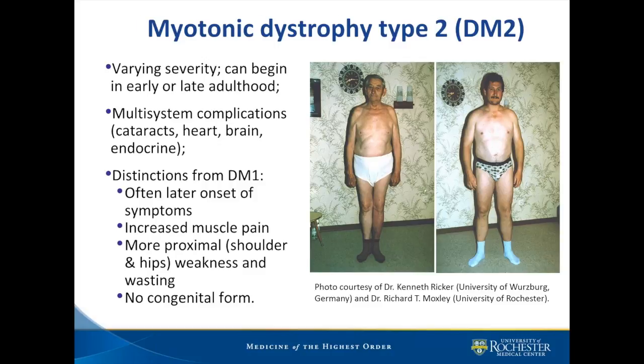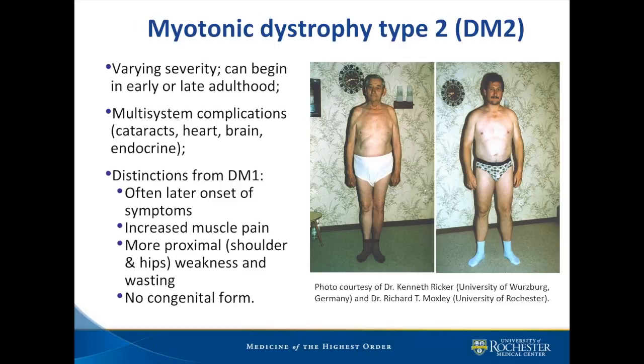Patients with myotonic dystrophy type 2 often have a later onset of symptoms. They have a peculiar troubling type of muscle pain that seems somewhat different from the pain that myotonic dystrophy type 1 patients suffer with. They have more proximal shoulder and hip girdle weakness and neck flexor weakness early in the disease compared to myotonic dystrophy type 1.